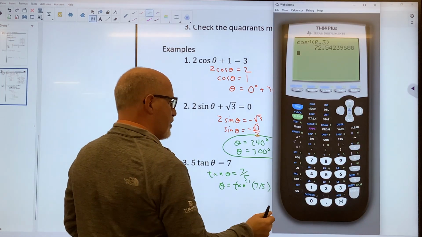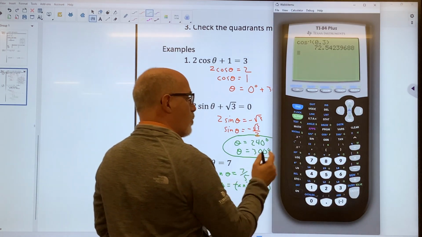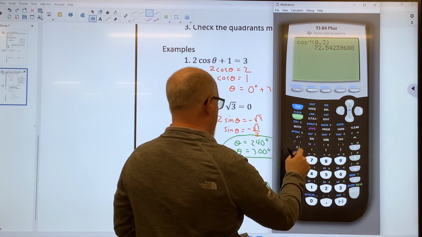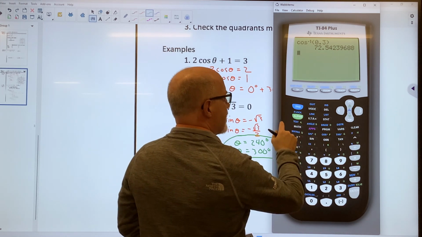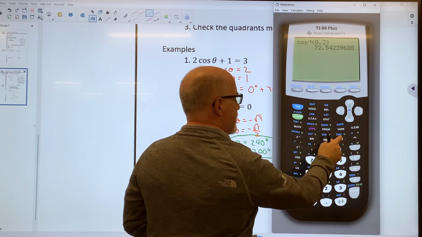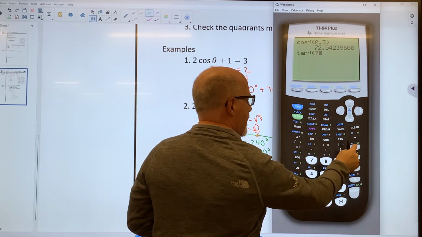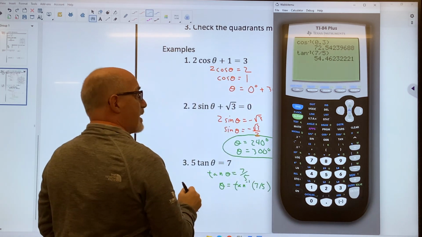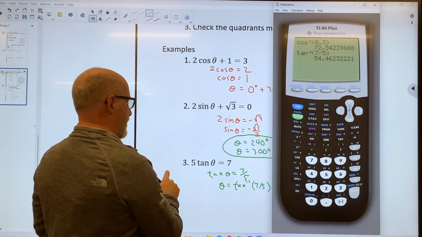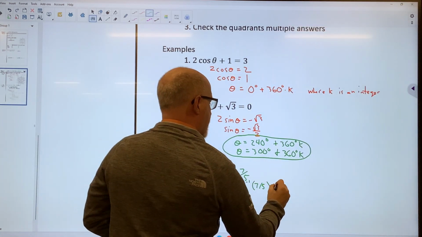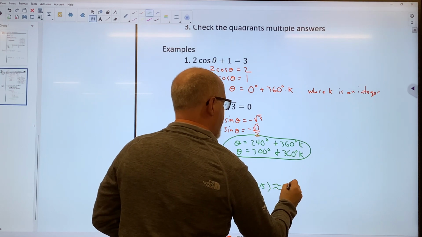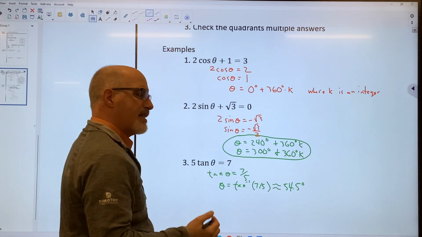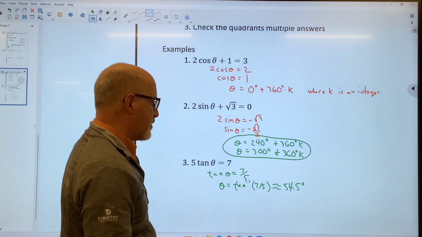So what I want to do is check what I will add on to get the different ones. So let's go ahead and do inverse tangent. So we're going to do second tangent of 7 divided by 5. Okay, so for this one I get 54.5. Let's do it to 1 decimal place, so 54.5 degrees. Now, let's see what I add on each time for this one.